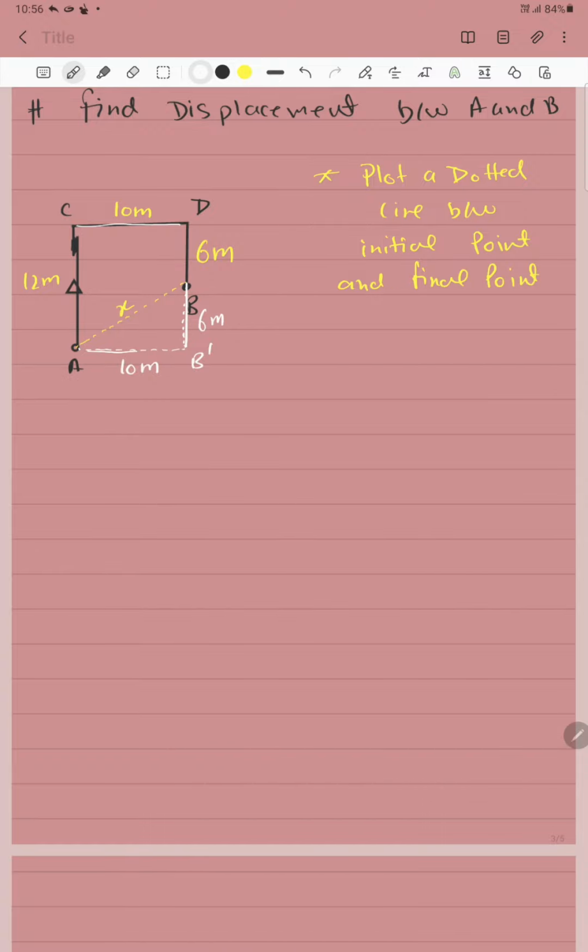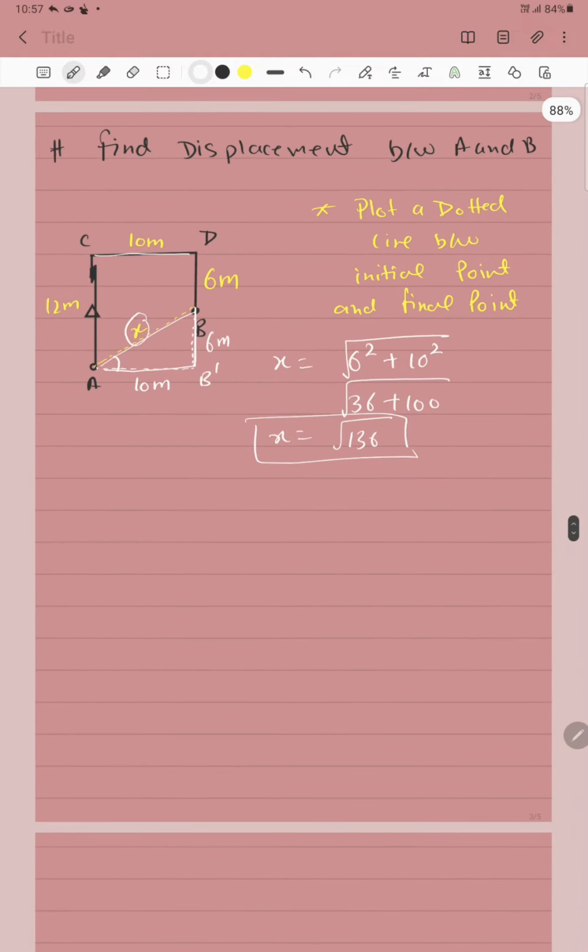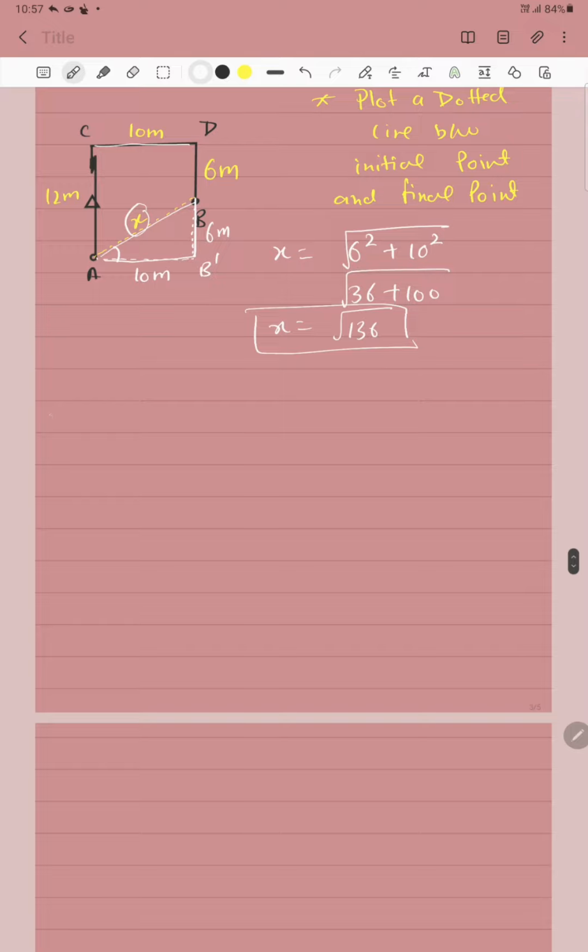Now we know in this right angle triangle two sides are given, right? And we need to calculate x. Then x will be what? Under root 6 square plus 10 square, right? I am using only the Pythagoras theorem. It will be 36 plus 100. Then x will be under root 136. You can solve it. This is your mathematical part, right? So in this way I can easily calculate displacement, right?